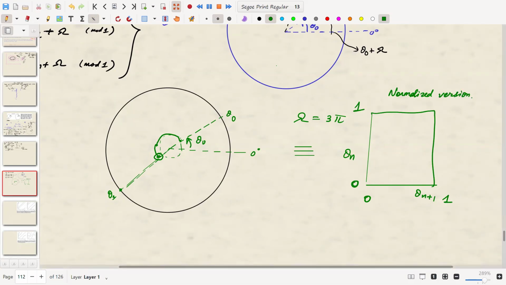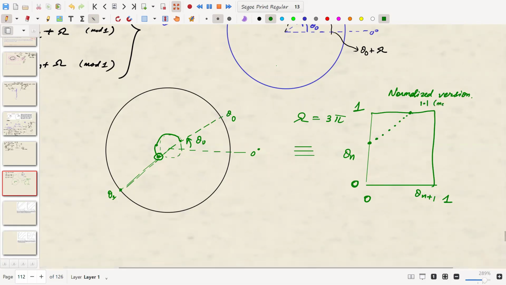What will happen? Suppose you started from here. This is theta naught, isn't it? You go to the next point, and so on. It keeps increasing. Then you hit one, and it will have a tendency to increase beyond one. But can it increase more than one? Because of the modulus, suppose it became 1.1.